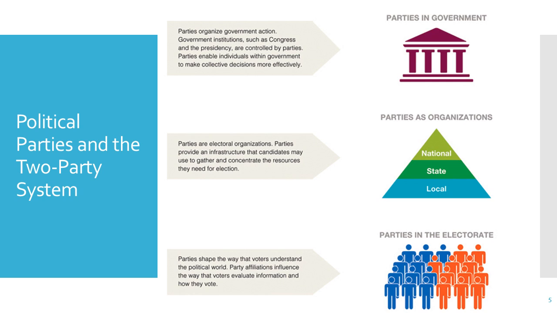And parties are actually quite useful in government because, first of all, they help organize government action. So if you have a Senate or a House that is composed of 52% Republicans and 48% Democrats, it's clear that the House of Representatives is going to be more Republican than Democratic, and therefore the Republicans are going to be able to get their agenda across, whereas if the House was more Democratic than Republican, the Democrats would be able to get more of their agenda across.